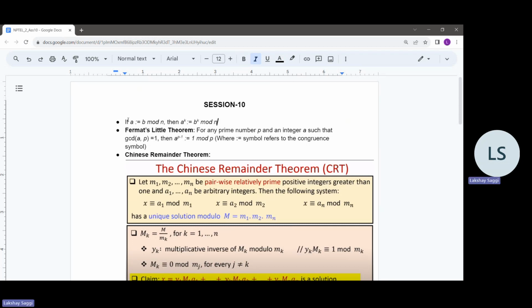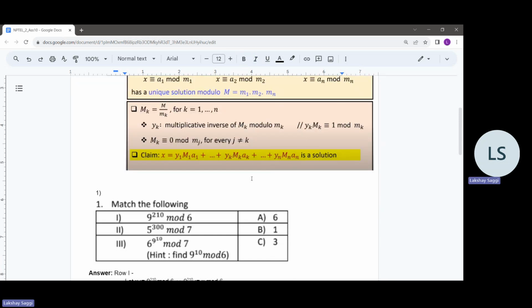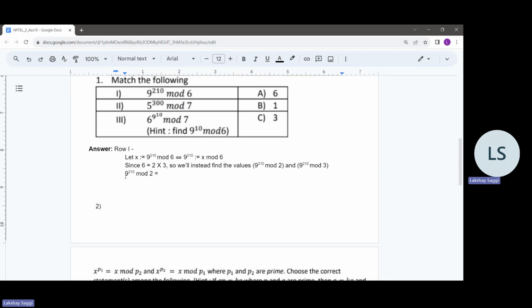So what this essentially means is that if A is congruent to B mod n, then we can just raise the powers on both sides. So that is what I'll try to do here also. I want to find 9 raised to power 210 mod 2, right?